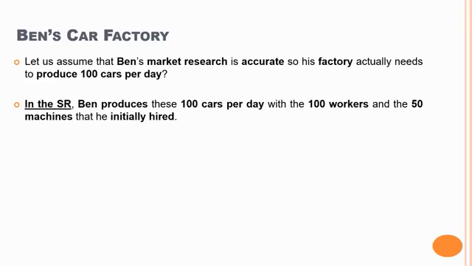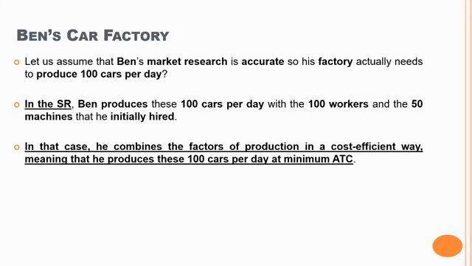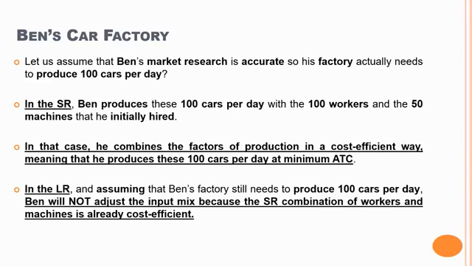So in the short run, Ben produces these 100 cars per day with 100 workers and 50 machines according to what he had anticipated before, and his anticipations were correct. So in this case, he combines the factors of production in a cost-efficient way, meaning that he produces these 100 cars per day at minimum ATC.